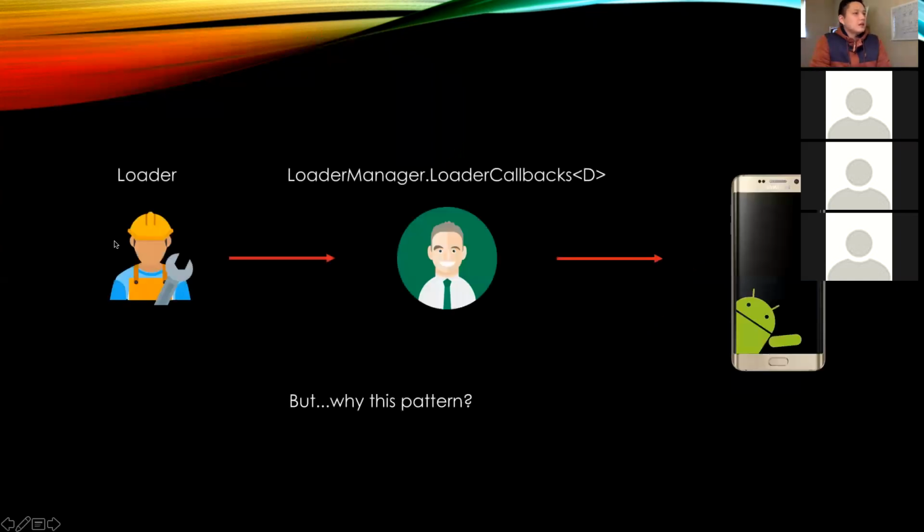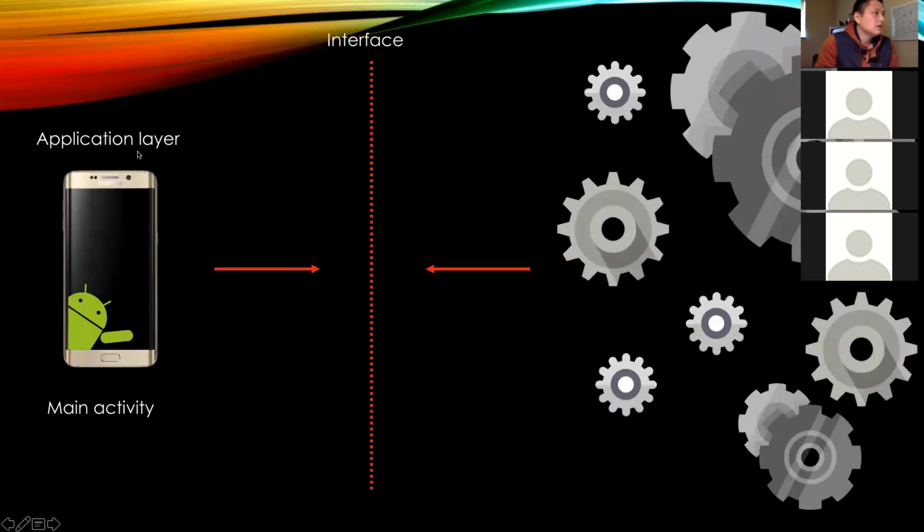So in summary, loaders communicate with the loader manager, and the loader manager communicates with your phone or your activity. And you see a lot of this pattern sprinkled around in the Android framework. Because think of your activity, it's like your application layer, right?